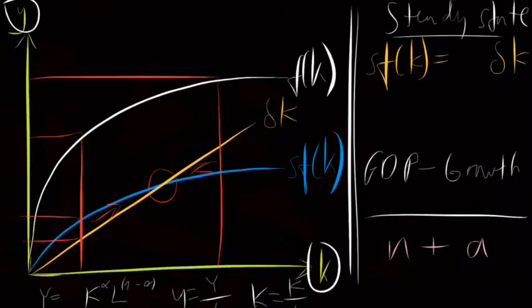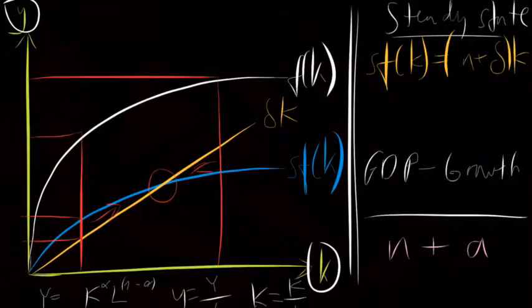Now what happens to the depreciation is that not only do you have to invest back in new capital that depreciates, but you also have to invest in or equip the new people that just moved into the economy. So we have to save more now or invest more. So we will put the new people in here times k.